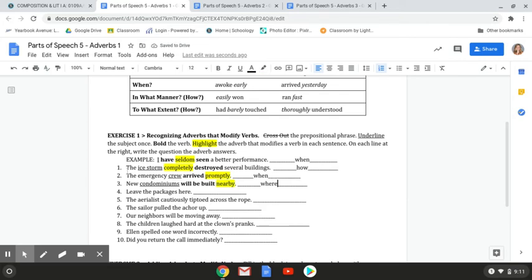Sentence number 4, leave the packages here. This is a difficult subject to find. It is actually an understood you. So we are going to underline you. It's an understood you because it is orders or directions. Leave is my verb. You leave the packages here. Okay, here is actually my adverb.